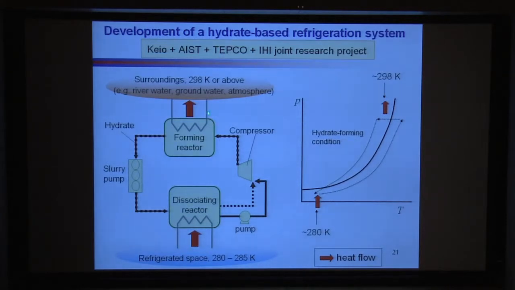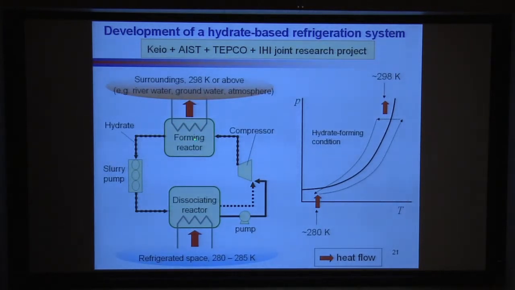And this is something that we, Keio University, have been involved in with Tokyo Electric companies and researchers at NHI and IIST. This is the development of a hydrate-based refrigeration system. We are still doing fundamental studies, but the details should be explained by Professor Omura in the afternoon session. For example, for household air conditioning, currently they're using the vapor compression type of heat pump.